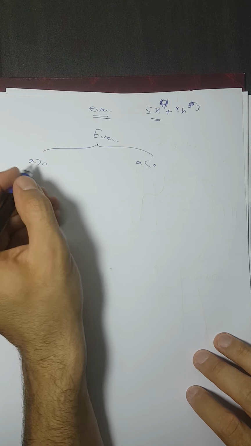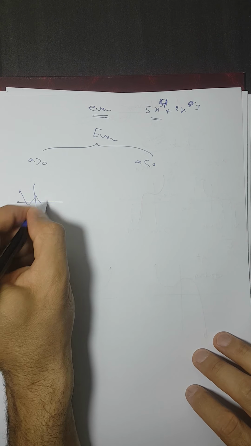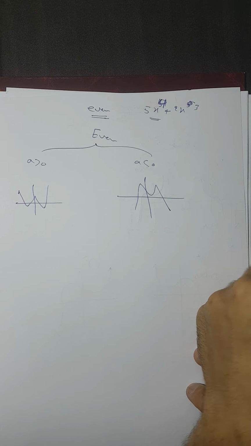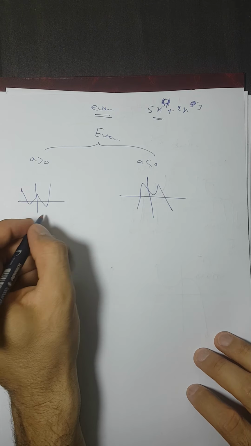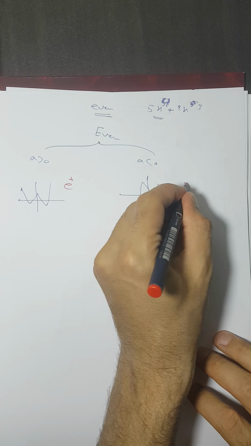In that case, if we have a positive, we have something like W. In case we have negative, the shape will be like M. So here is even positive and even negative.